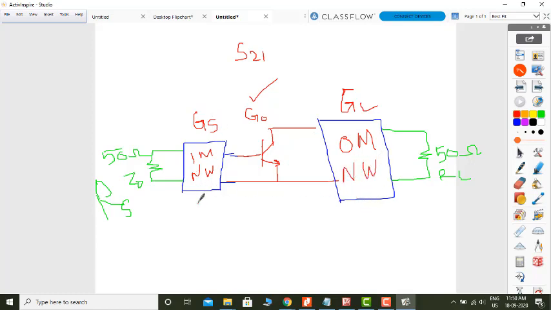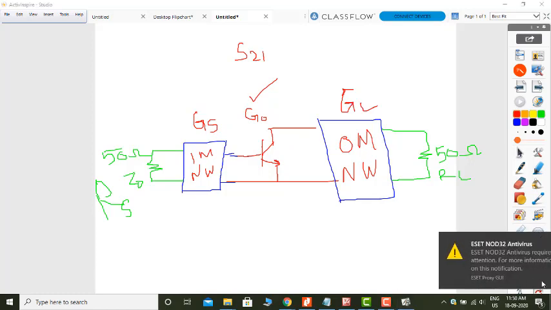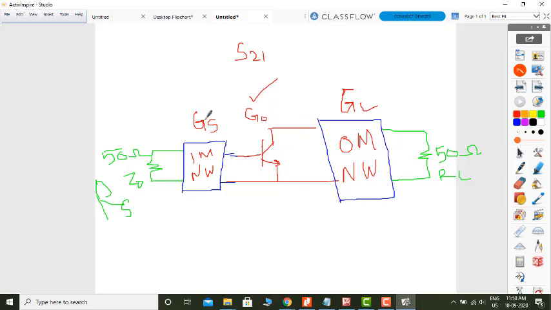Once we deliberately mismatch the input as well as the output matching network, we can control the gains GS and GL respectively. Therefore, we deliberately mismatch the input and output matching networks and reduce the gains GS and GL to get the specified gain.